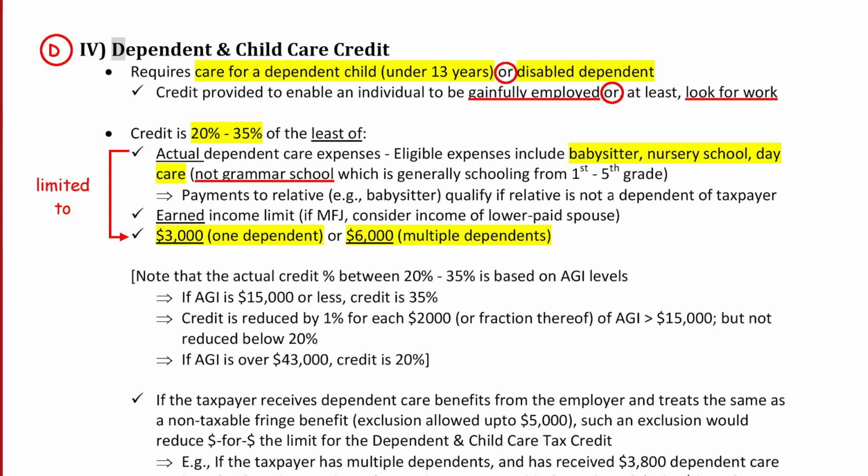So the credit once again is 20% to 35% depending on AGI levels, of up to $3,000 if it's one dependent or $6,000 if the taxpayer has multiple dependents. If AGI is $15,000 or less, the credit is 35% of $3,000 or $6,000. And if AGI is over $43,000, the credit is 20% of again $3,000 or $6,000 as the case may be.